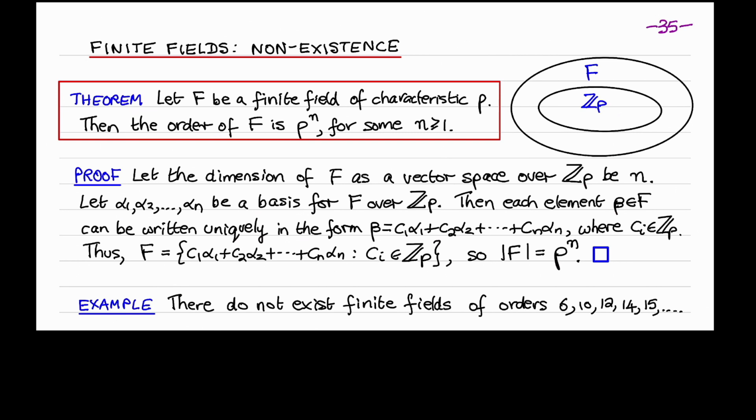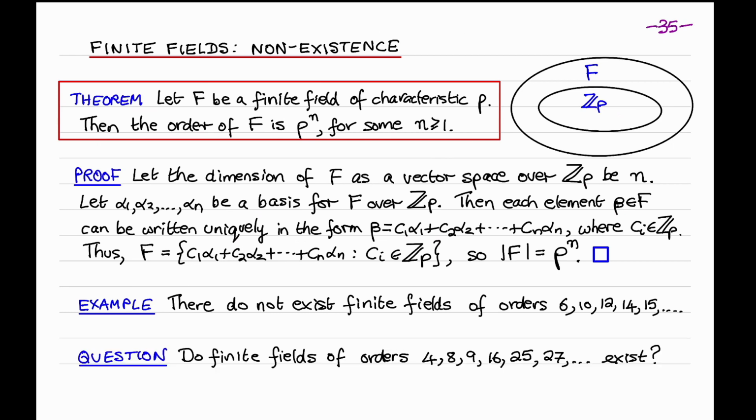As a corollary of the theorem, there do not exist finite fields of orders that are not the power of a prime number. So, for example, there do not exist finite fields of orders 6, 10, 12, 14, 15, and so on, because these numbers are not powers of a prime number.